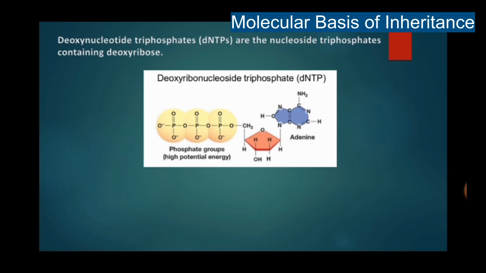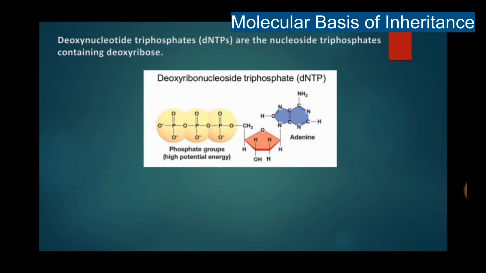And this yellow portion is the three phosphate groups, the triphosphate. So this triphosphate stores a lot of energy in its bonds, and this energy gets released during hydrolysis, and that is the energy which is being provided during the polymerization reaction. Understood?